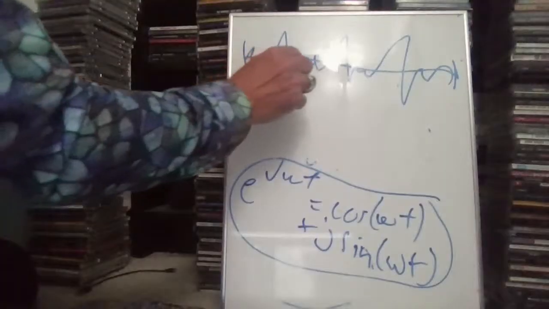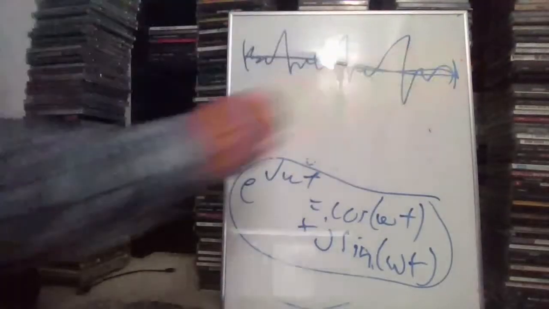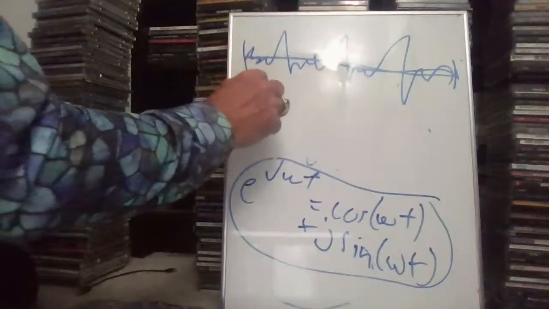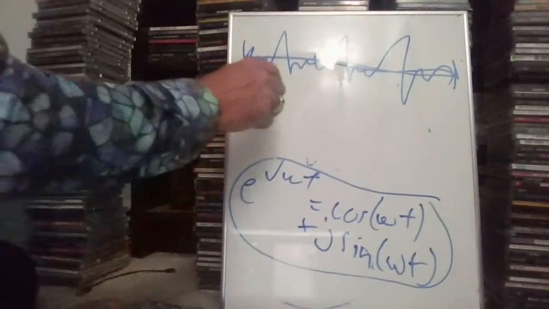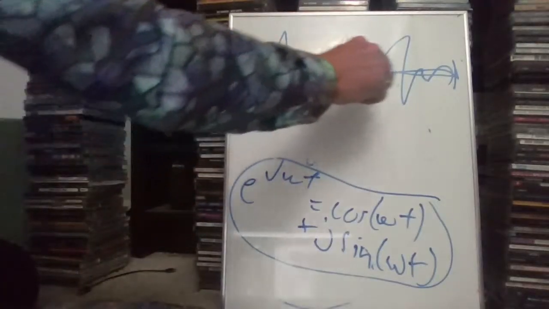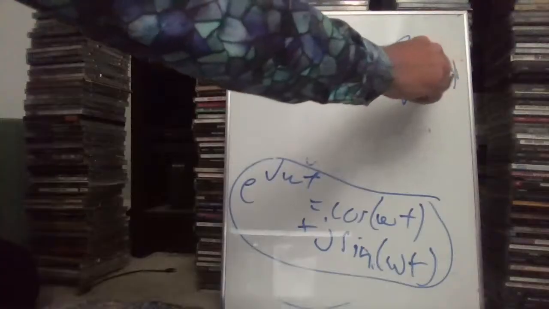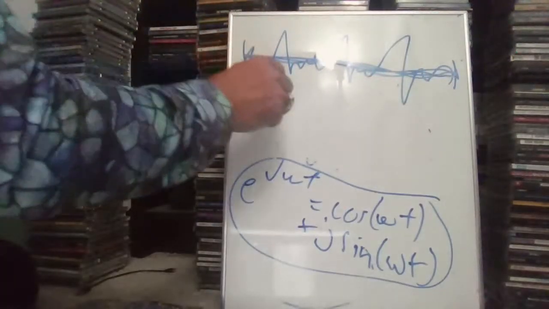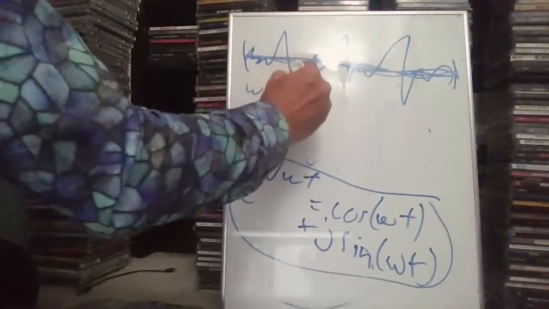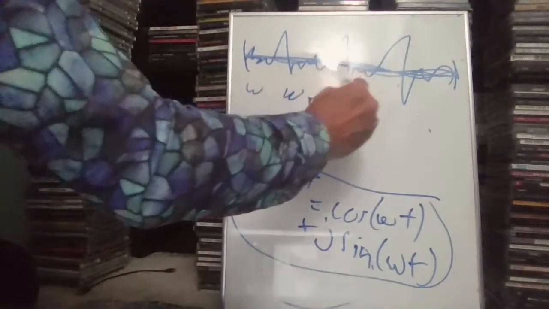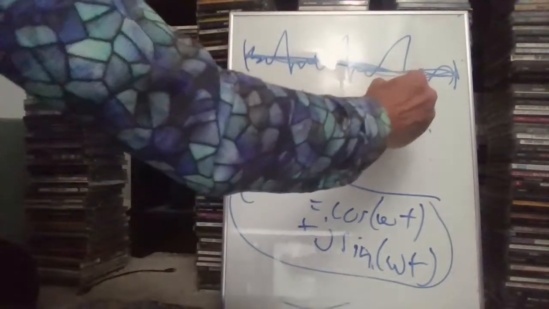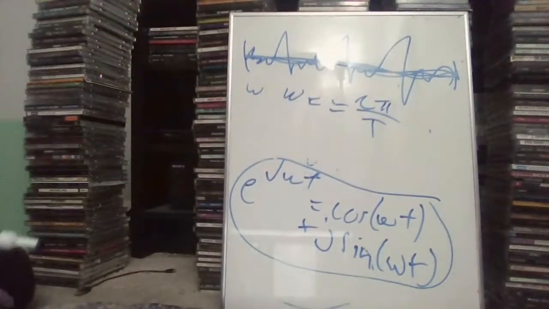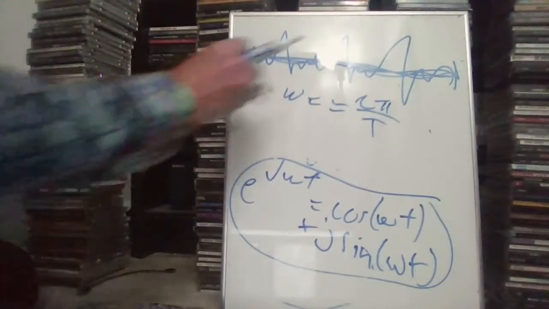The longest period, which is the smallest frequency, smallest omega, is the fundamental frequency. The fundamental frequency is equal to 2 pi over the fundamental period, and I can call that omega.